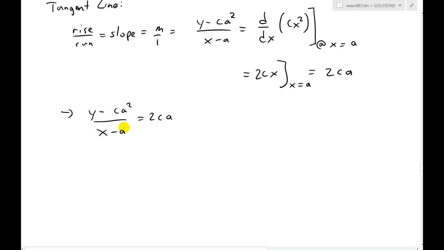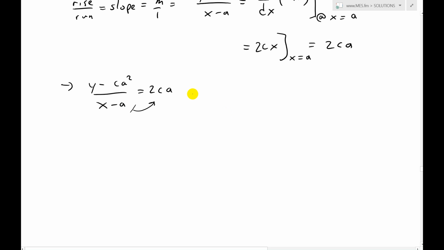So now we have an equation, and I'm going to multiply both sides by x minus a. So we move this over, and we end up having y minus ca squared equals 2ca times x minus a, which equals 2cax minus 2ca squared.